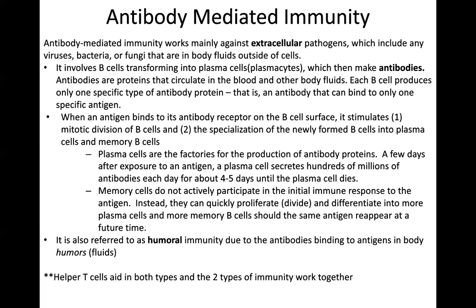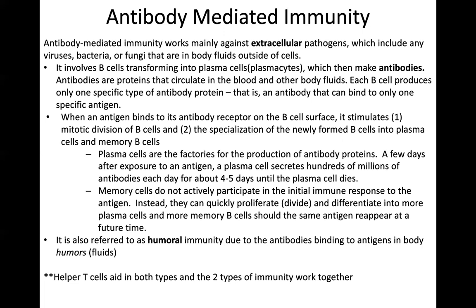Another term for antibody-mediated immunity is humoral immunity, and this is because what we're doing in this case is typically out in the body humors, which is kind of a traditional term. Instead of calling them body humors, typically we call them body fluids now. But that's where the term humoral immunity comes from.